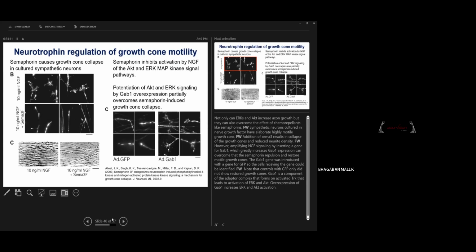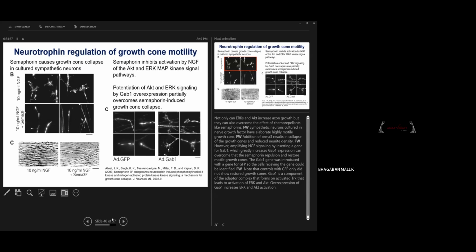And what is the mechanism? Semaphorin basically inhibits the effectors for the neurotrophins, like AKT and ERK signaling. When you put semaphorin, it inhibits the activation of these effectors AKT and ERK. That's why you do not have further downstream signaling and do not have neuronal growth.